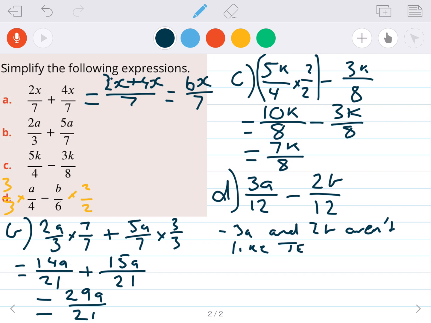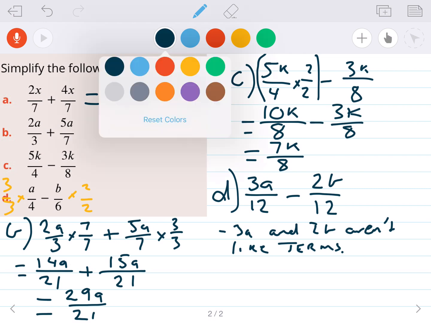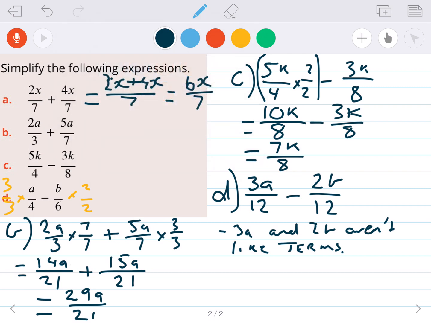So, we can't actually add them together or subtract them. So with this, we actually just leave this as 3a minus 2b over 12. And that's as simplified as it can get.